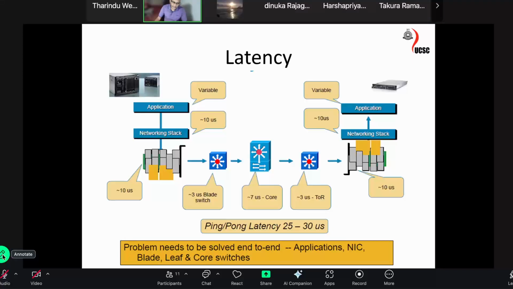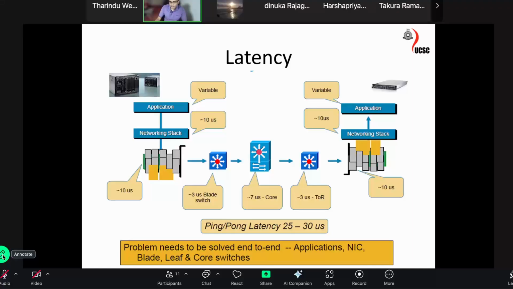The networking stack of the operating system: for example, the kernel TCP/IP stack, where the operating system gets involved, takes about 10 microseconds to process a TCP/IP packet. Then there is the network driver and the network card, and serialization, converting from bytes to bits, which takes another 10 microseconds.